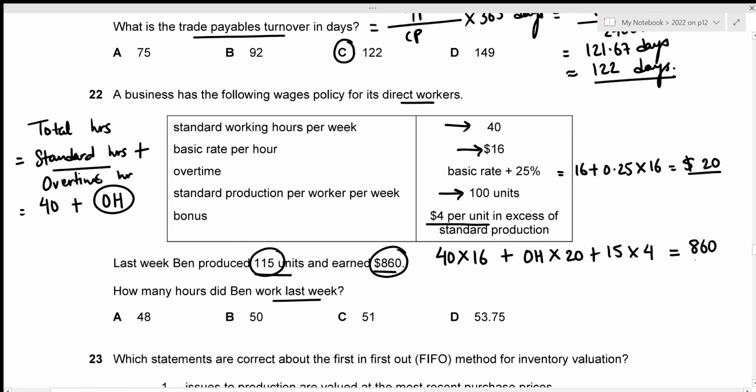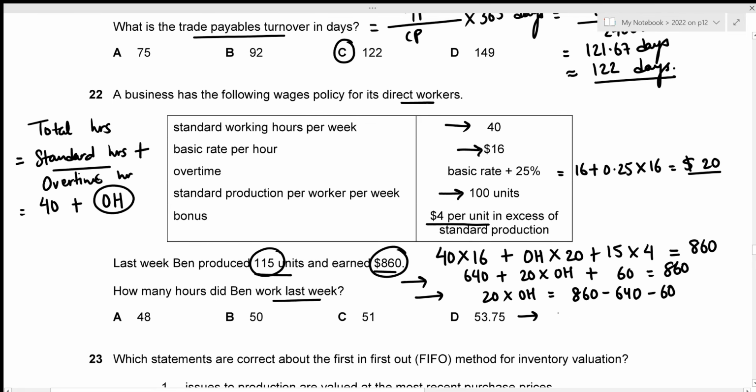Now we can easily solve this equation and figure out our overtime hours, right? So that's 40 times 16, which results in 640, plus 20 times overtime hours, plus 15 times 4, which results in 60, equals 860. Now 20 times overtime hour is going to be 860 minus 640 minus 60, which means that 20 times overtime hour will now be 160.